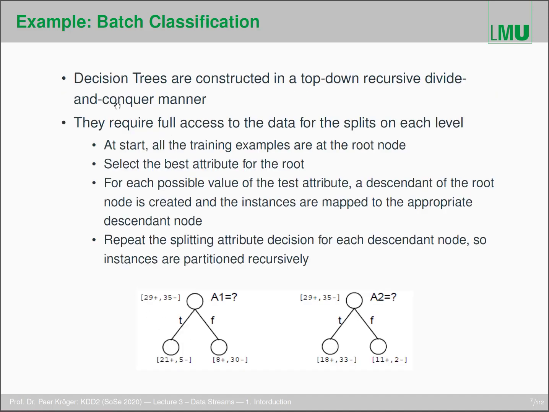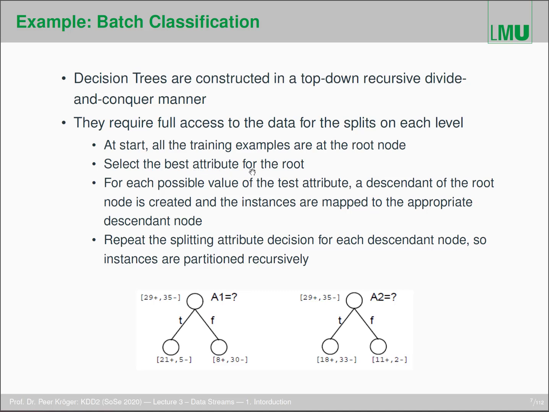So here is the example for decision tree batch classification. Decision trees, as you may remember, are constructed top down in a divide and conquer manner, recursively. They start off with a root of the decision tree, where you split the data according to the best attribute. At the start, all the training examples are at the root node.